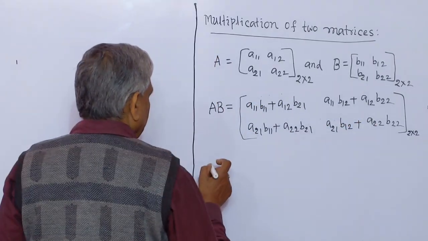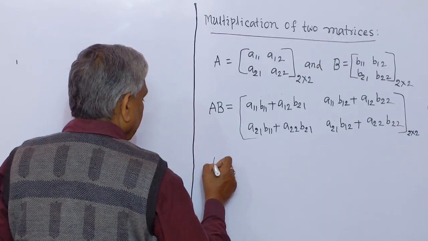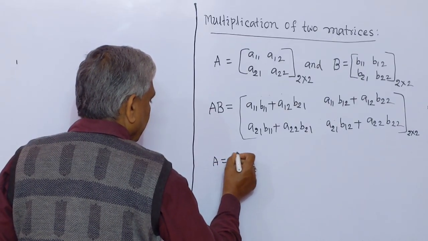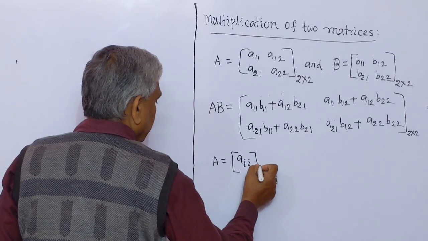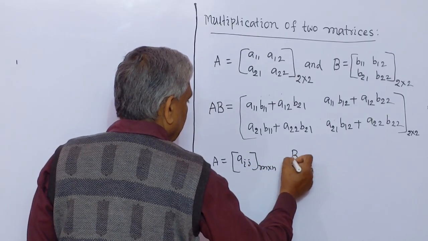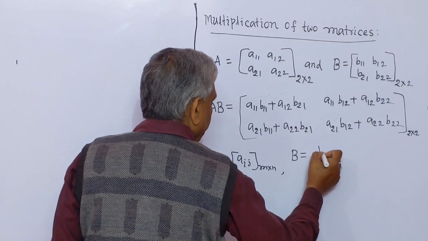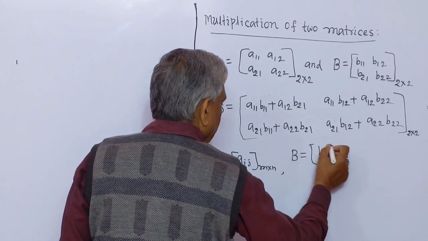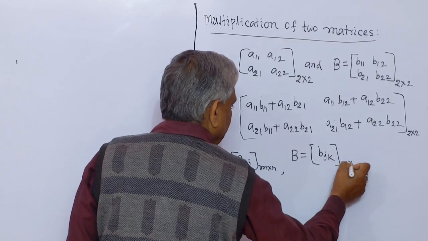In short, let A equal Aij, a matrix of M by N size, and B equal Bjk, of N by P size.